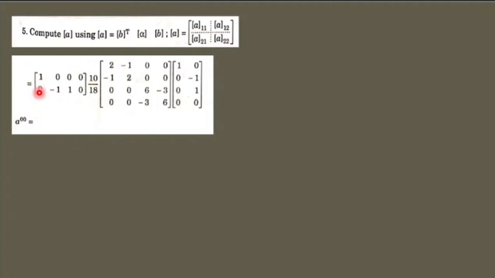Okay, now the third column. First one will be 0, minus 1 into 0 is 0, 1 into 6 will be 6 and 0 into minus 3 will be 0. So the third component will be 0, 0 plus 6 and 0.